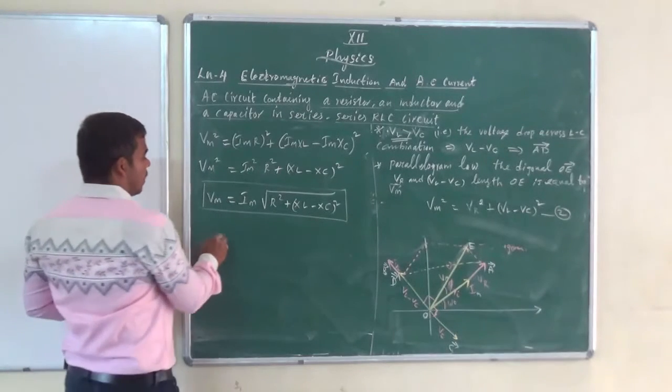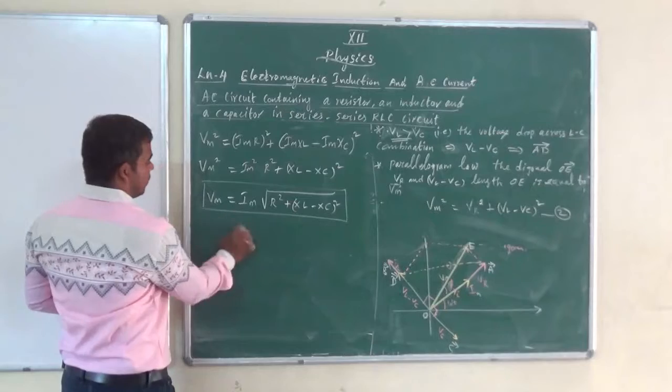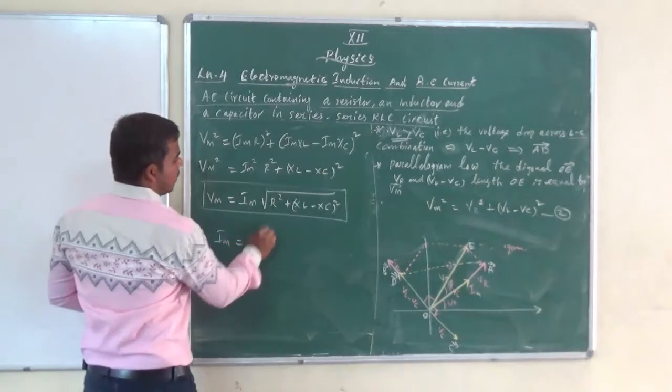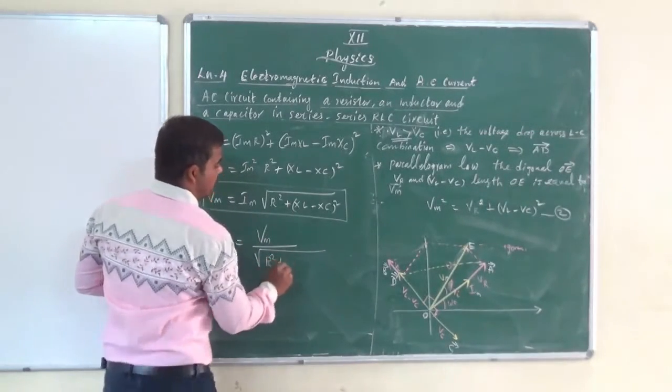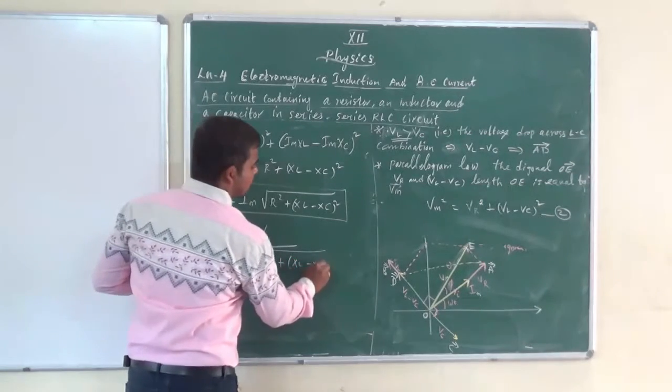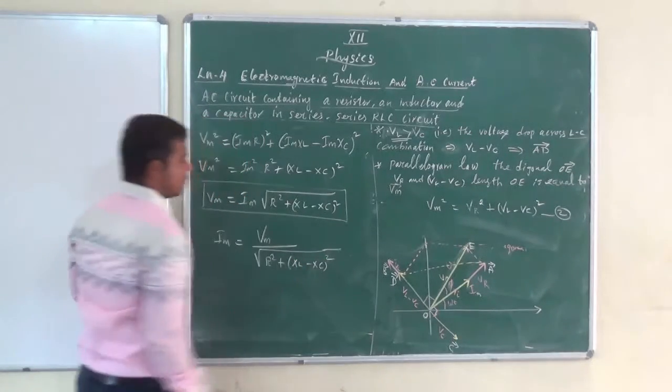Next, IM equals VM by the square root of R square plus (XL minus XC) the whole square.